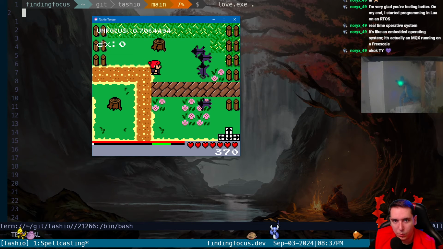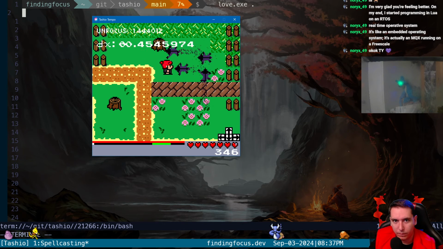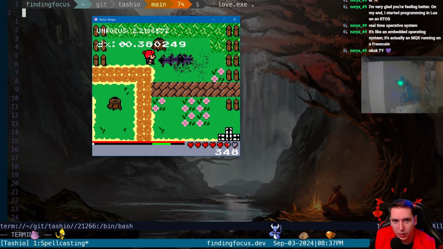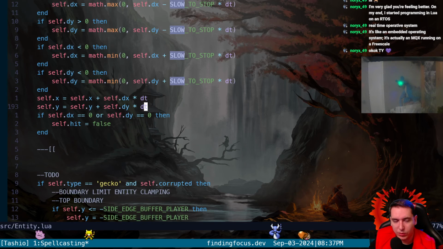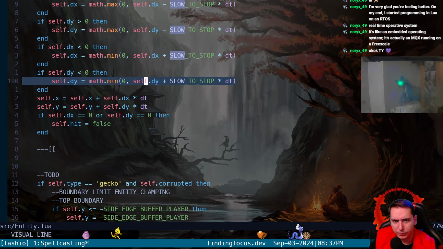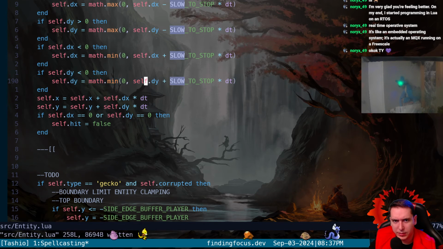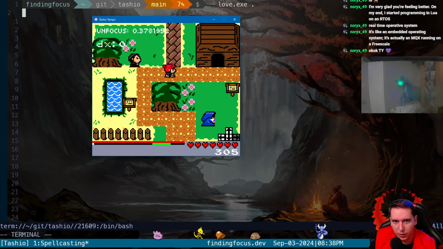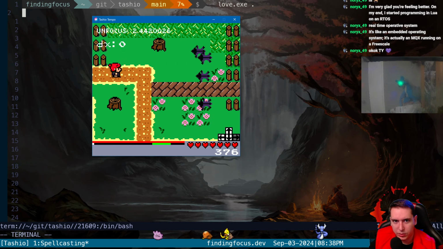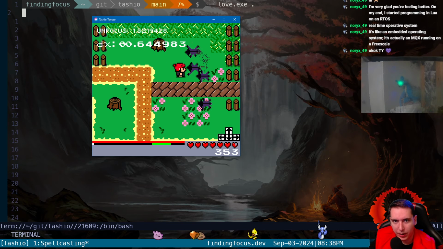So we've got what, 350 frames a second. Oh, see, like we're getting so teeny. We're slowing to a stop so fast that our dx, no we're not, because our dx is a positive number, but we aren't getting, I think we just have to up our knockback by like a factor of 30 or so.